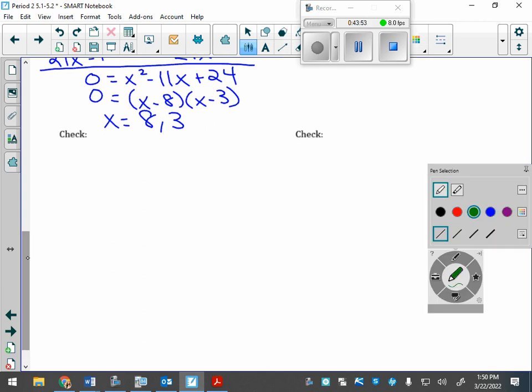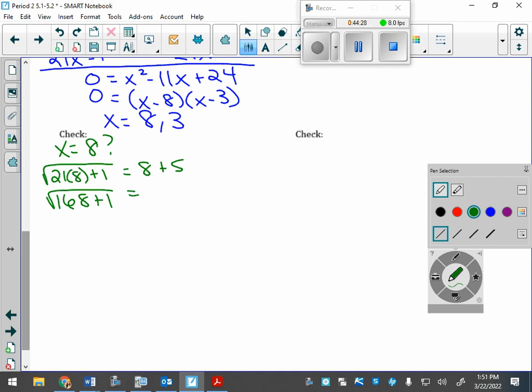Okay. So we're going to test to see if 8 is a solution. So you have 21 times 8 plus 1, and then 8 plus 5. So everywhere you see an x, an 8 is going in its place. What's 21 times 8? 168.